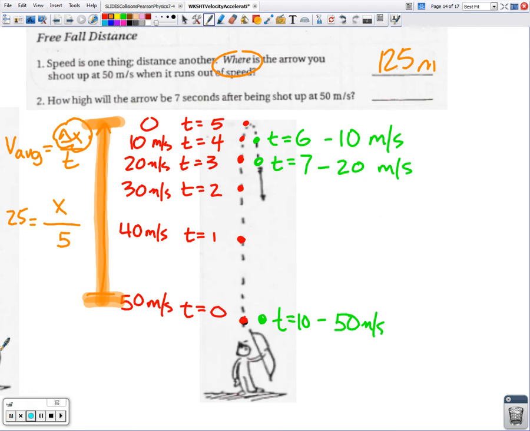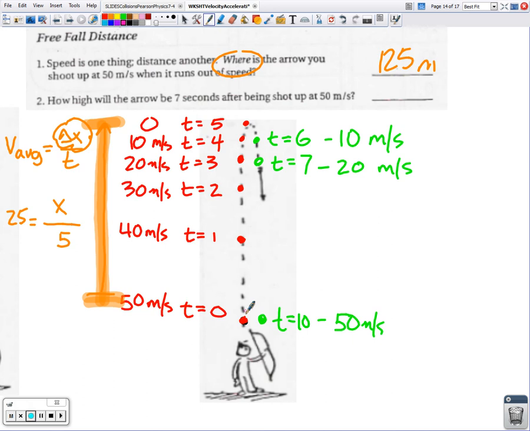there are 2 ways that you can answer question number 2, okay? Because you guys jumped ahead, which was good, by the way, and you realized that these technically should be negative because they're velocities, let's use that to answer question number 7. Question number 7 says, how high will the arrow be 7 seconds after being shot in the air?